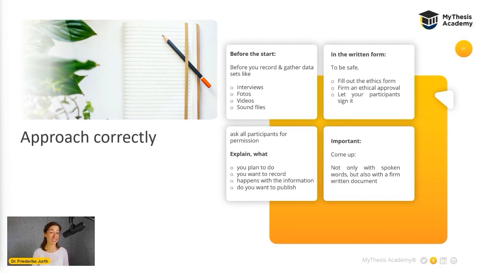We will have a look at each of them, but normally it is kind of security and it makes them also feel safer if you don't come up only with spoken words, but also with a firm written document where they know exactly what kind of rights they have and that they are the ones who have the control over the material and over what you will publish or not.